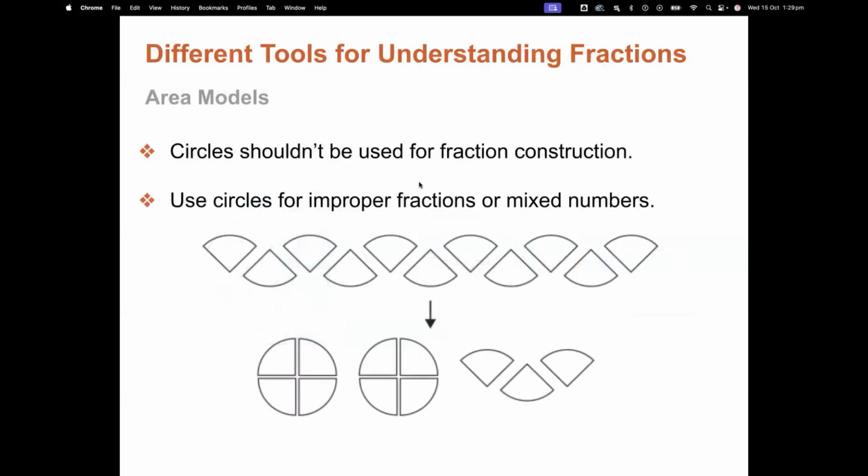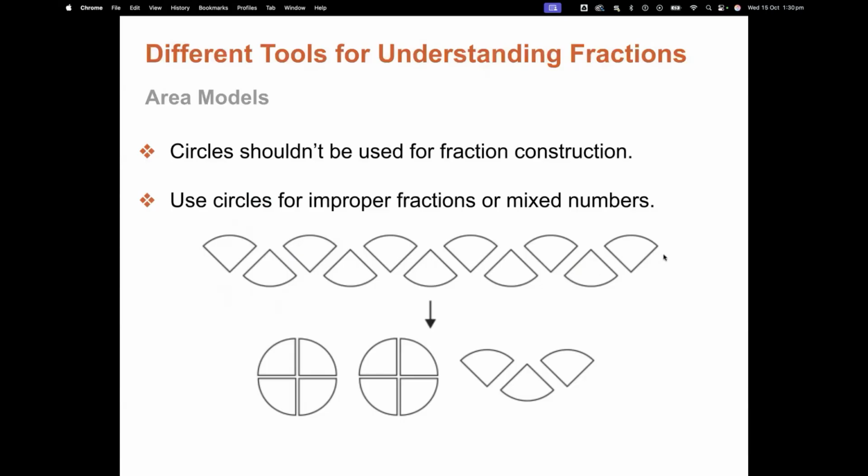So circles, they have limited use, but you see them used in fractions a lot, probably overused. But one of the areas where they are really nice to use is constructing or converting between improper fractions and mixed numbers. So this is an improper fraction because each part is a quarter, and I have 1, 2, 3, 4, 5, 6, 7, 8, 9, 10, 11 quarters.